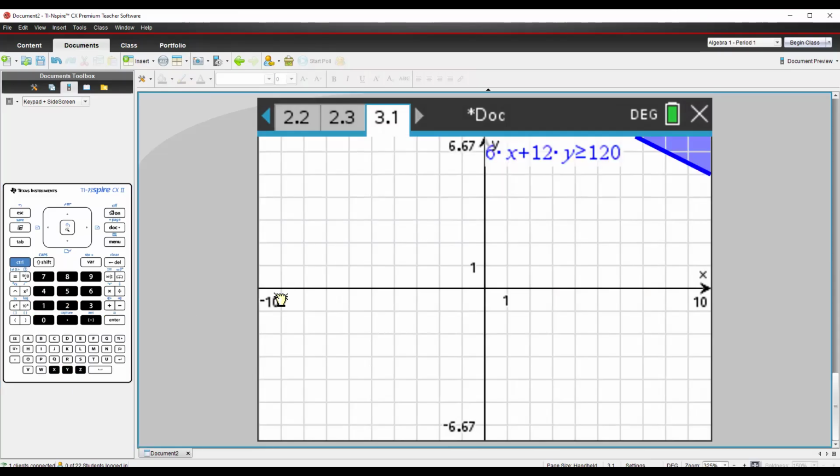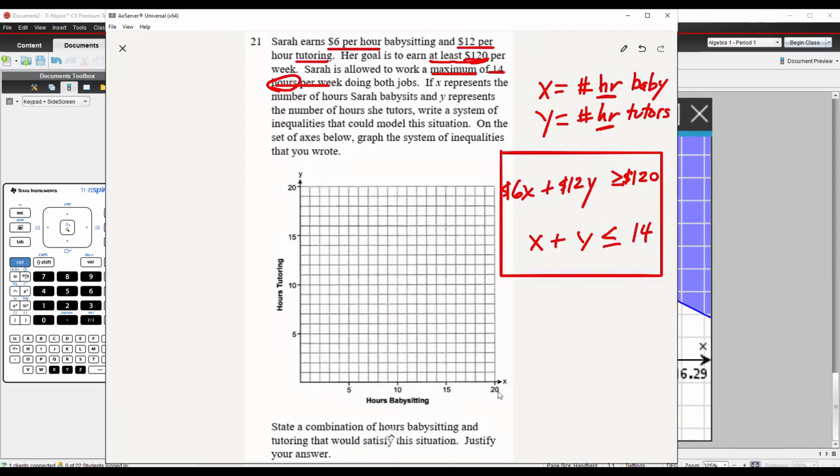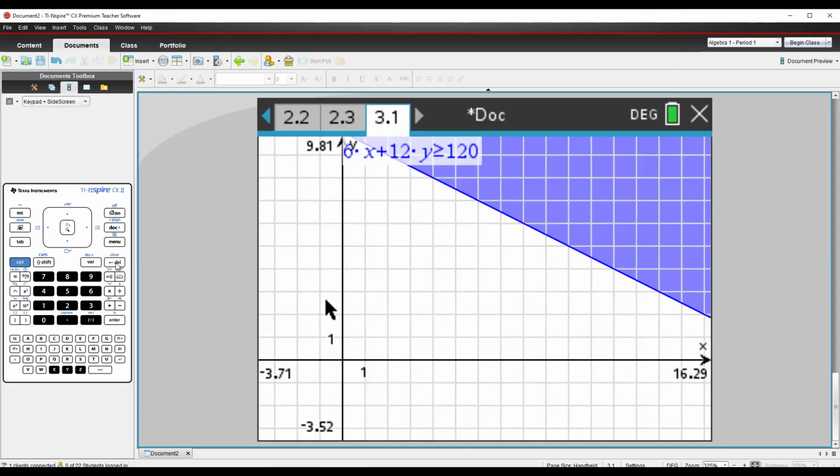And I'm going to make my window. Let me show you one thing. If you look at the graph paper, it goes from 0 to 20 hours babysitting and 0 to 20. So now I know that my graph has to be in this window. So I'm going to go to my calculator and change the window to make it look like that.